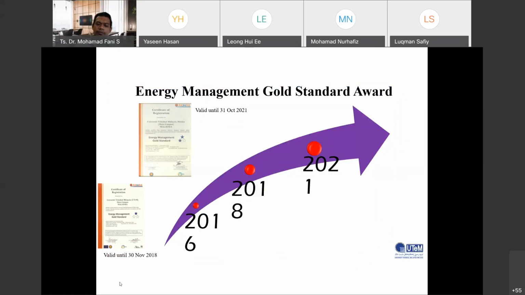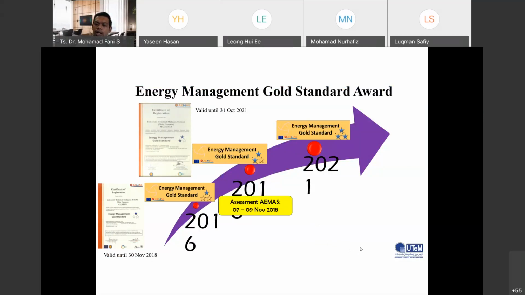UTM achieved a 1-star rating in 2016, and in 2018 we were awarded the Energy Management Gold Standard 2-star. Okay, after that we target this year to get the 3-star assessment, inshallah.